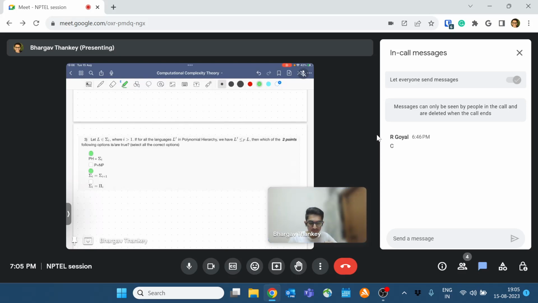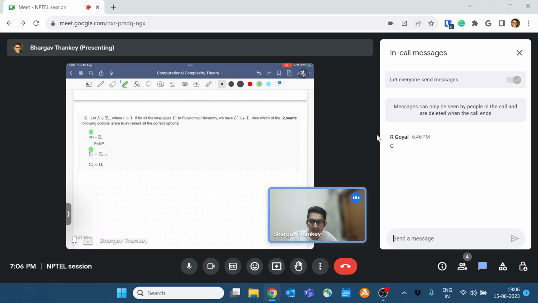Because all the languages in PH are getting reduced to L, and since i is greater than one, it might be possible that P equals NP, but whatever is given in the question does not imply that P equals NP. And what about D? Why is that not known to be correct?